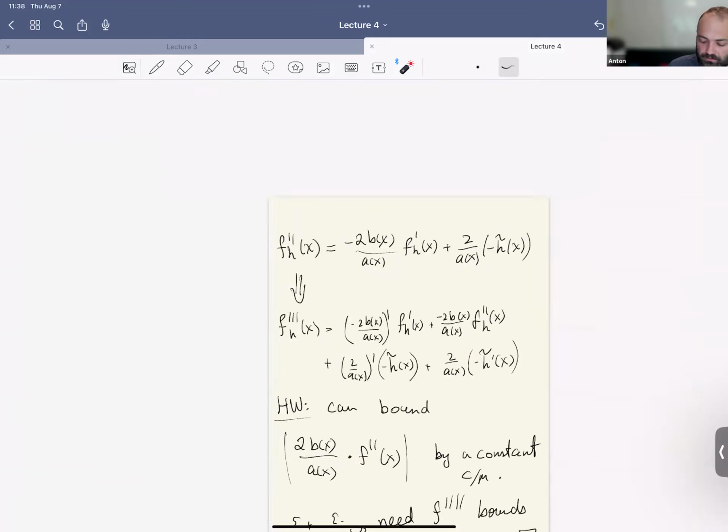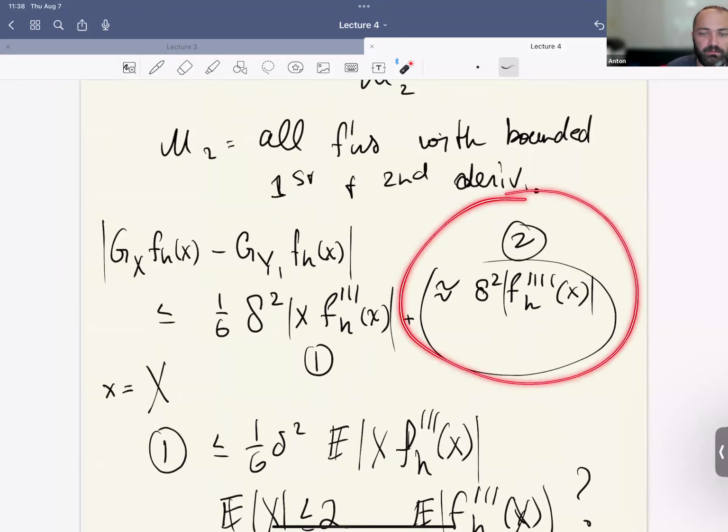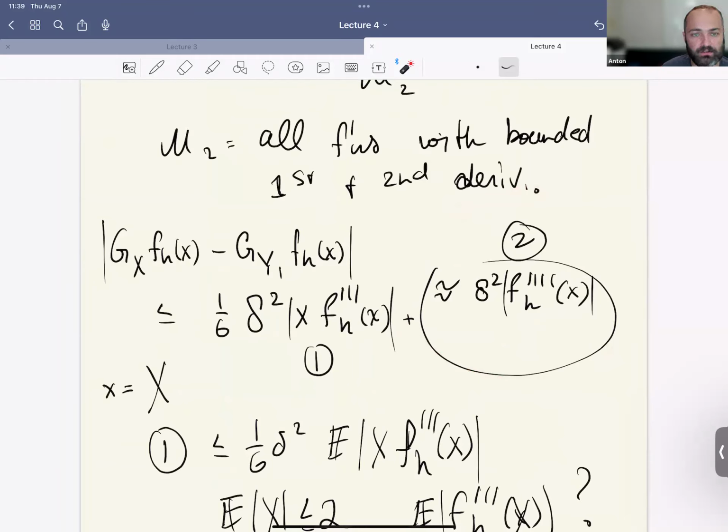So to bound this item number 2, you're going to have to bound the fourth derivative wherever it exists. And then at those points where the fourth derivative does not exist, you're going to get a Kruger bound. But then you also have to argue that those points are sufficiently rare that this Kruger bound doesn't disrupt your beautiful 1 over r rate of convergence result. Okay. So this is as deep as I want to go into this.